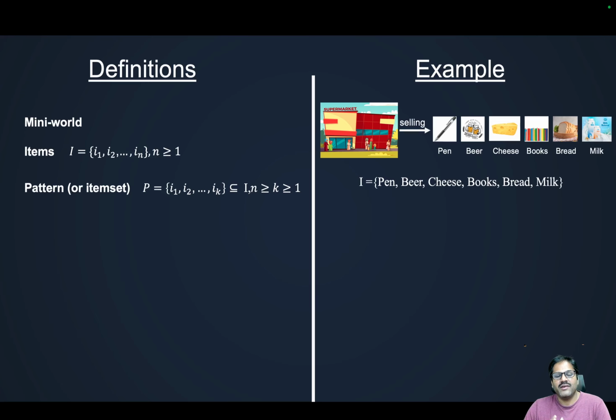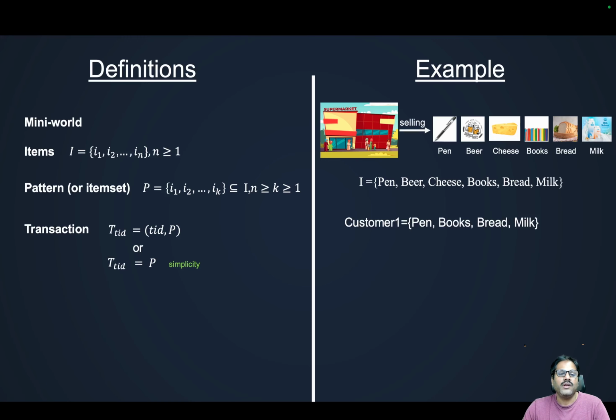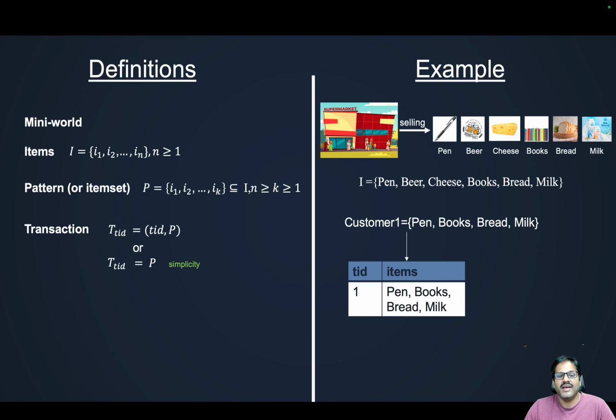So now we have defined the items, we have defined the pattern. Now we are going to define the transaction. Transaction is basically a transaction identifier followed by a pattern. For example, if a customer has purchased pen, books, bread, and milk, we simply say it as a transaction 1 containing the items pen, books, bread, and milk.